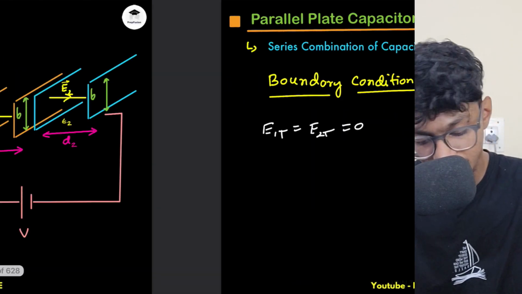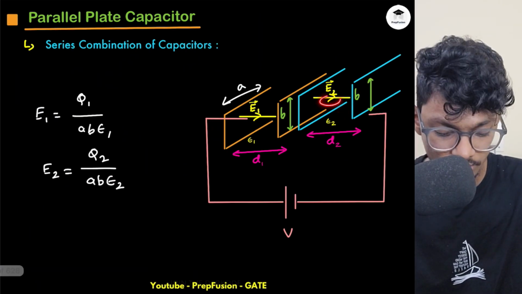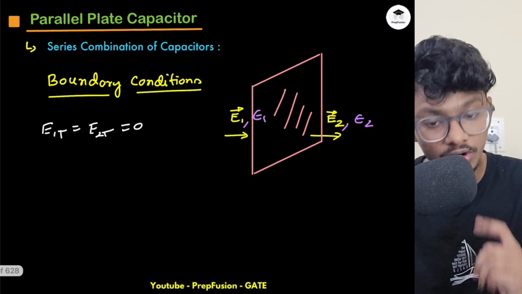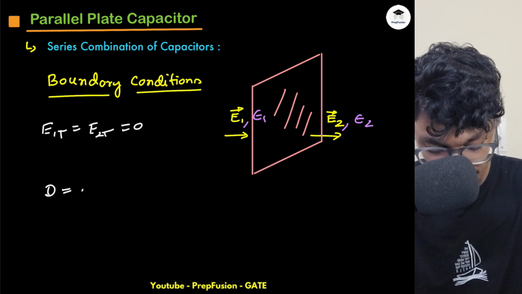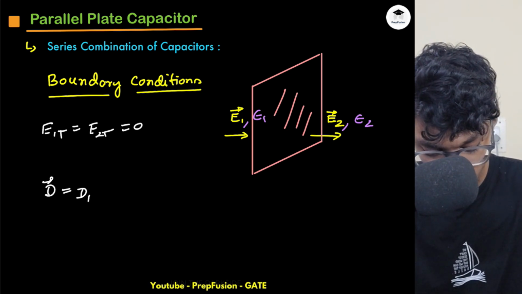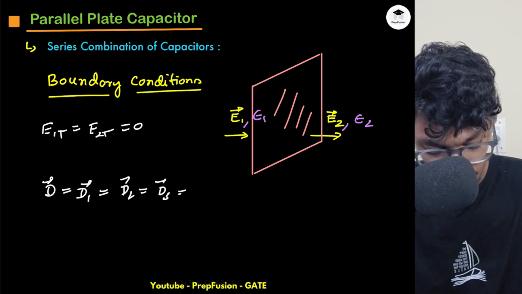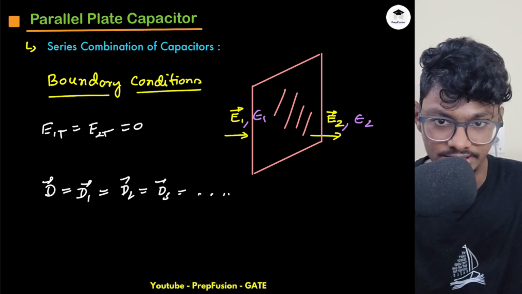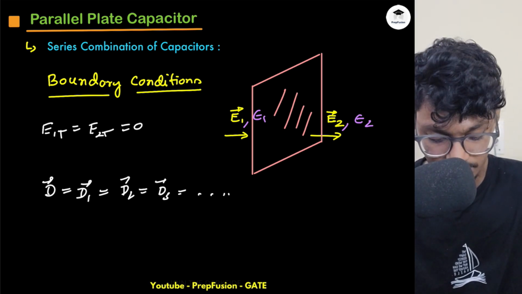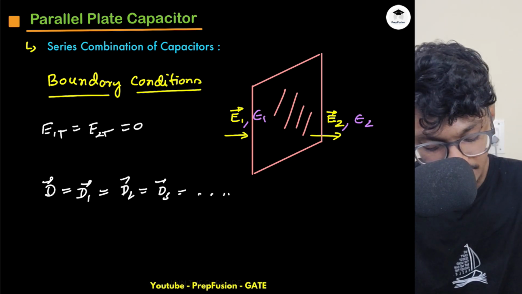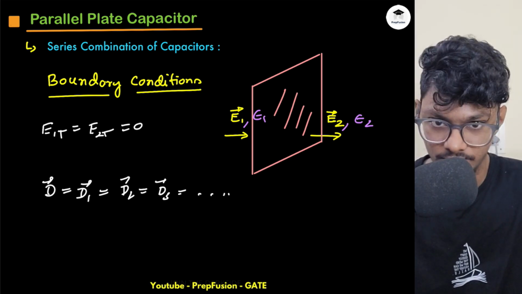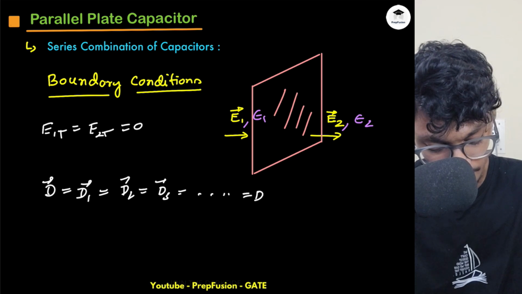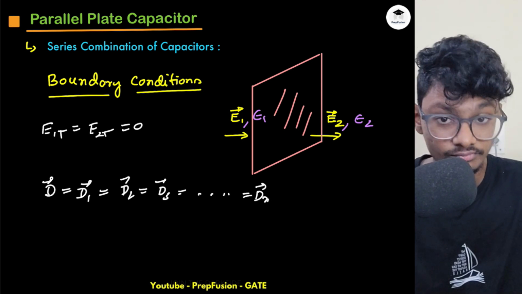Okay, and what other thing can I comment? A very beautiful thing I can comment is that however many of these dielectrics you put in series, what will be common? Common will be the electric flux density. D will be equal to D1 equals D2 equals D3, for N number of dielectrics you put in between the two plates, right? Outside the two plates, all of them will be the same. They will not change. But what will change?